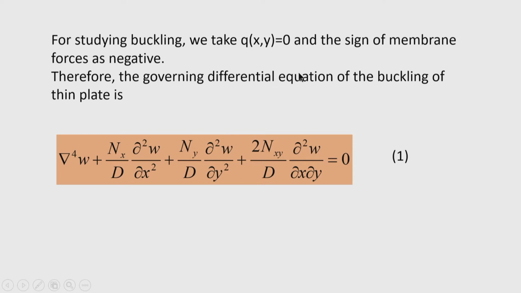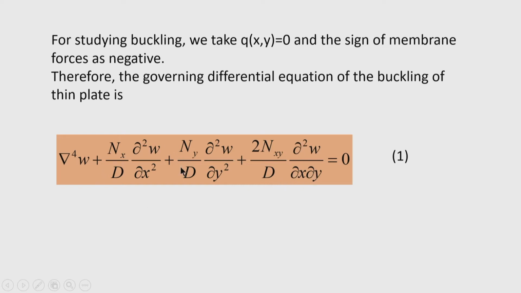Therefore, the governing differential equation of the buckling of thin plate becomes like that: del^4 w plus N_x/D del^2 w/del x^2 plus N_y/D del^2 w/del y^2 plus 2 N_xy/D del^2 w/del x del y equal to 0.